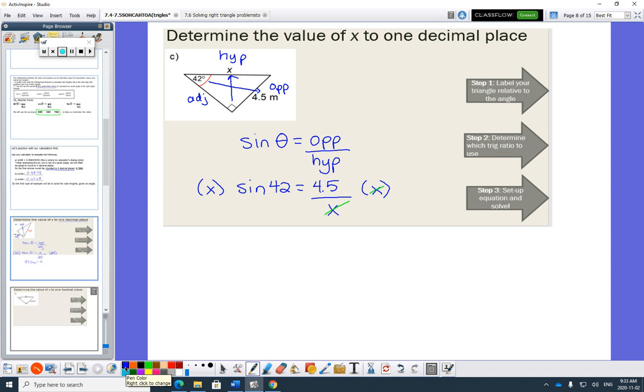So sometimes this is where the fact that this says sine 42, students don't like that. So it's up to you. Sine 42 is a number, or you can just leave it like this. Like if you like it to be as exact as possible, you don't want to write down numbers, then leave it as sine 42. So now we're multiplying, so we're going to divide. Actually, I'm just going to rewrite this. Okay, so now we're going to divide by sine 42.